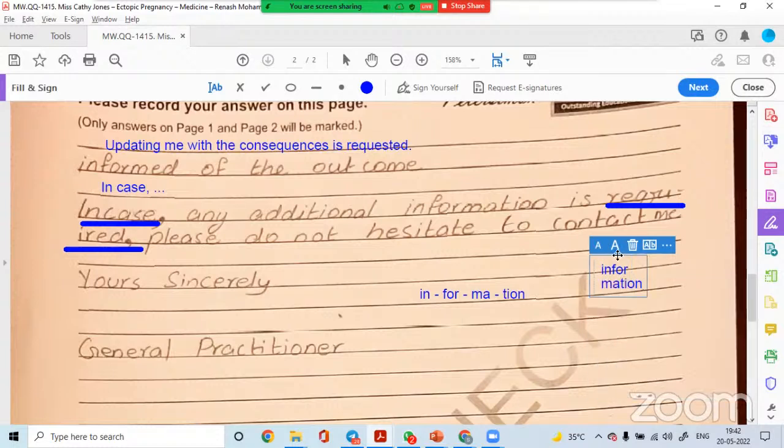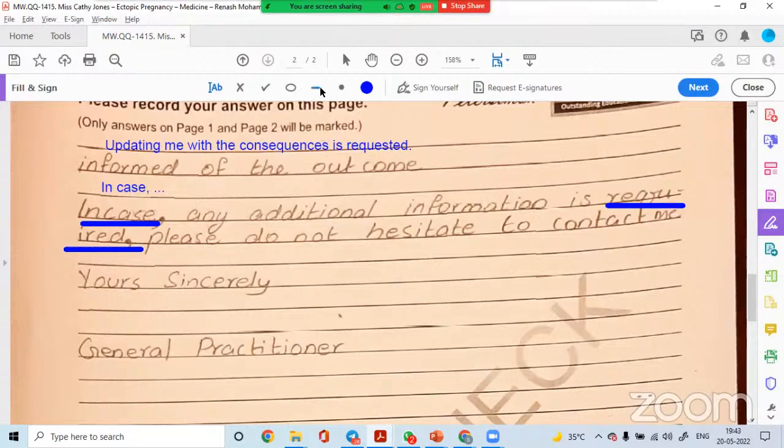This is one way you can break, because that side four, this side four at least. Then next one, you can also break like this: INFORMA and TION. Yes, like this you can break, because four letters that side and four letters this side. Is that clear, Dr. Renash? Yes, sir. So if you don't know how to break, don't break, okay? Better you don't break if you have any confusion.